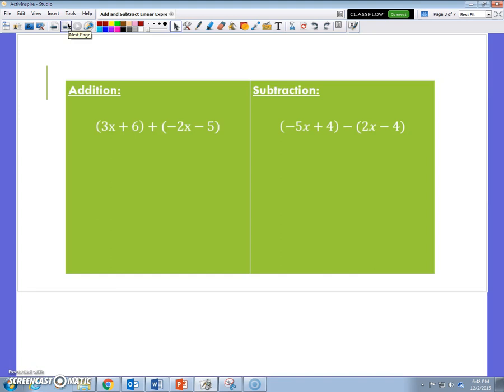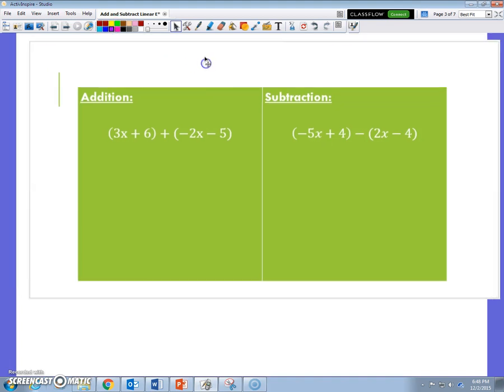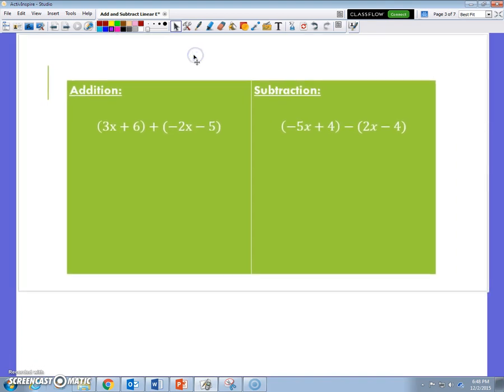Addition. We are going to do these things. Kind of like the variable x has a 1 in front of it, so do parentheses. And so how do we get rid of parentheses? We distribute. Well, I know it doesn't look like there's a 1, but really there's a 1 there for me to distribute, and a 1 there.